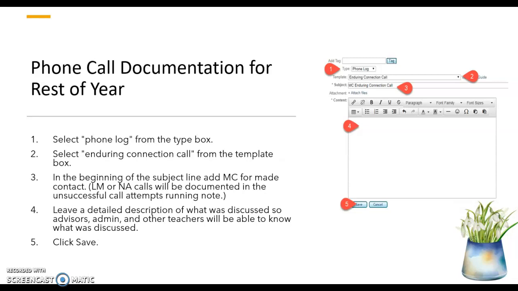Because all your contacts that are unsuccessful, they're going to be on that running note. This is just for those that you make contact. Then in the body of the description of your note, you want to leave a detailed description of what you discussed. And then you click save.